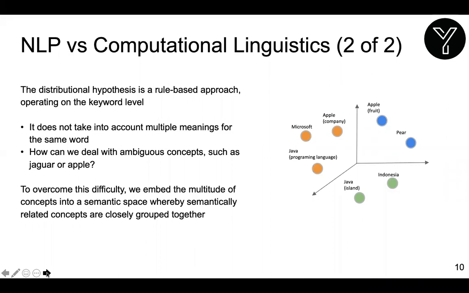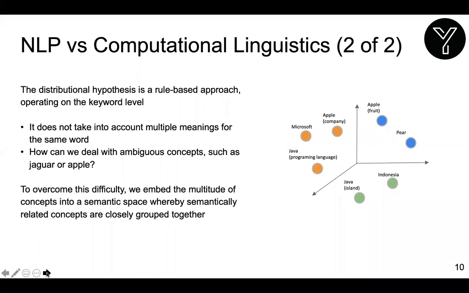So what's happening is we can see apple, the same word. If it was a keyword, you'd just have apple, but where it's a concept, we're able to identify apple, a company, which you see as an orange concept, and apple, the fruit. And what we're trying to show with the arrows is different vectors in a multidimensional semantic vector space. So apple, the company, has been projected into the vector with other software companies like Microsoft and things like Java, the programming language.